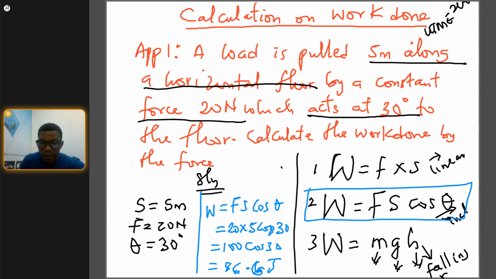If it is clear to us, please kindly signify before we move to the second one. If this first application is clear, please give a thumbs up and let's move to the second application.